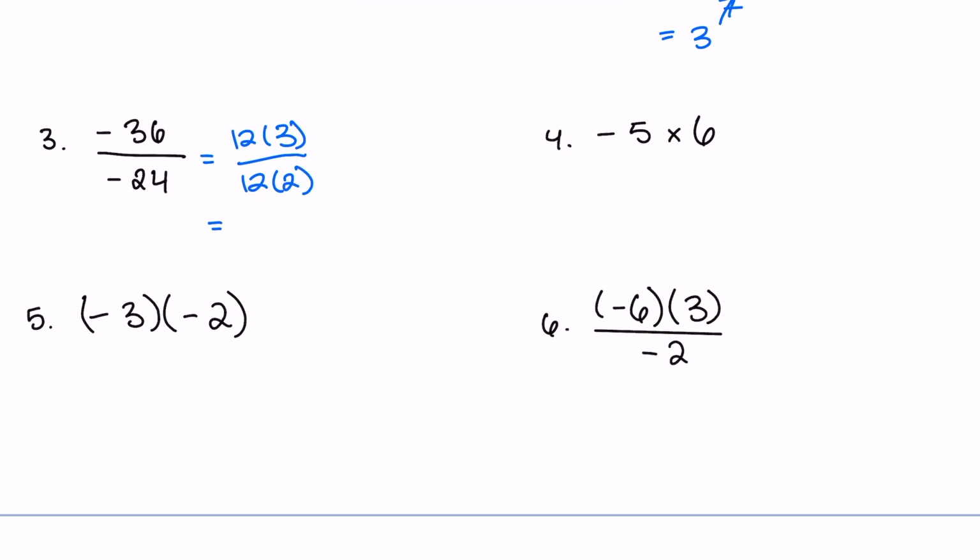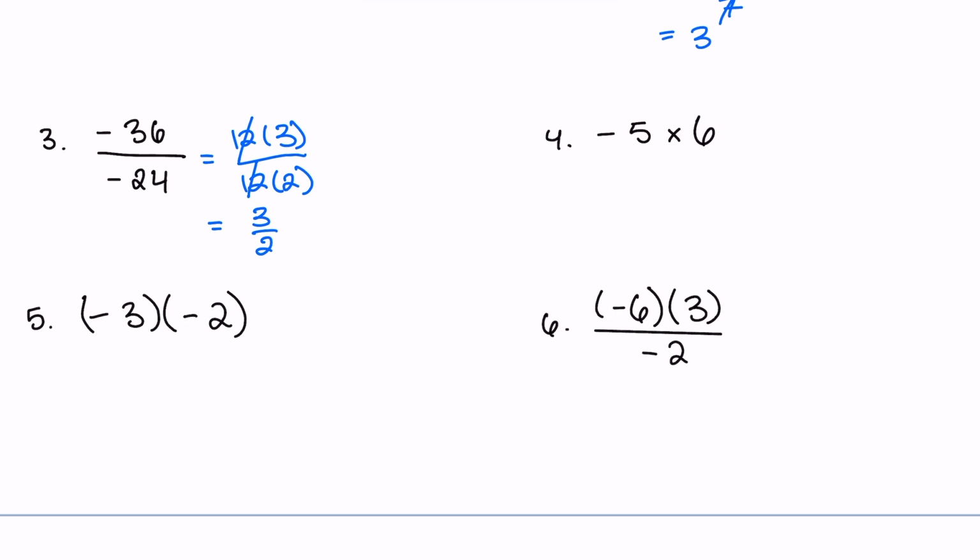We don't have to write any negative signs because these cancel out, since negative 1 divided by negative 1 is just positive 1. And these 12's cancel out because 12 divided by 12 is 1. So what we're left with is 3 over 2, and that cannot be simplified any further. So that is our final answer.